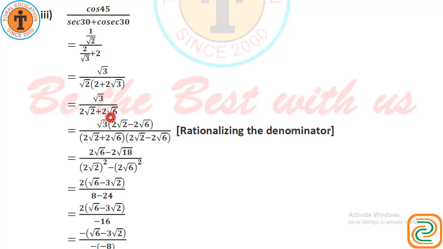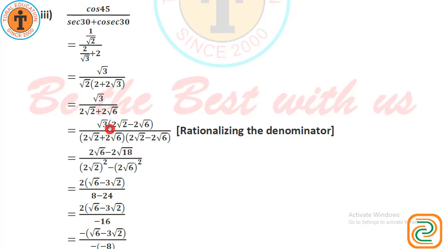Root 2 into 2, 2 root 2, root 2 into 2 root 6, 2 root 3, that is 2 root 6, because root 2 into root 3, that is root 6, right? Here I have taken the rationalizing factor. If it is plus, then we take minus. We learnt in 9th, rationalize the denominator, right?